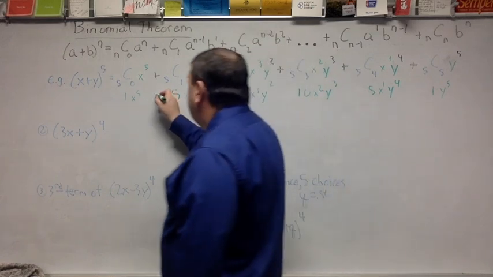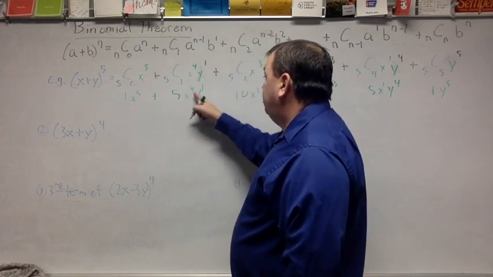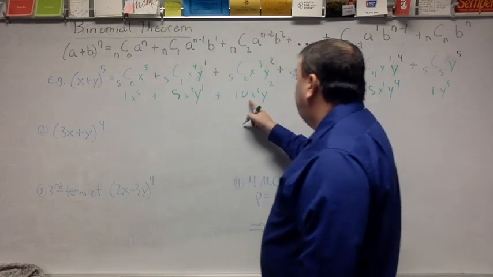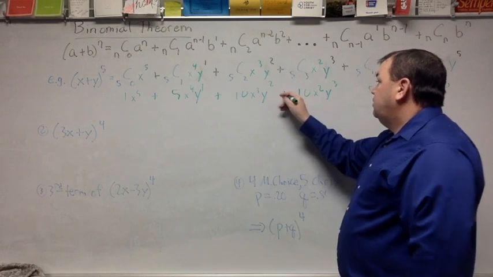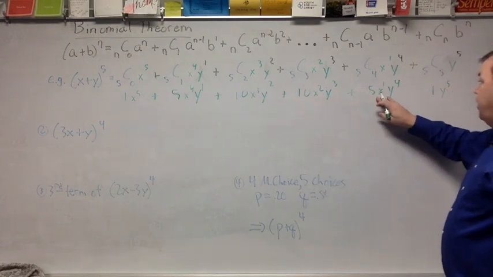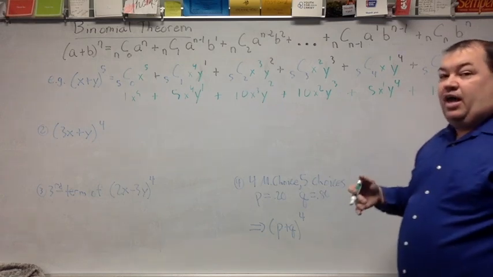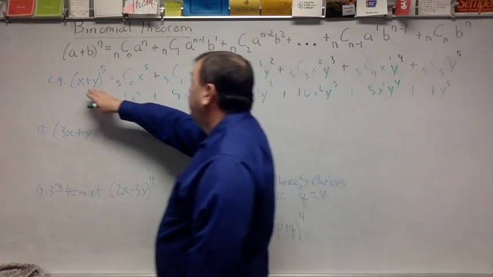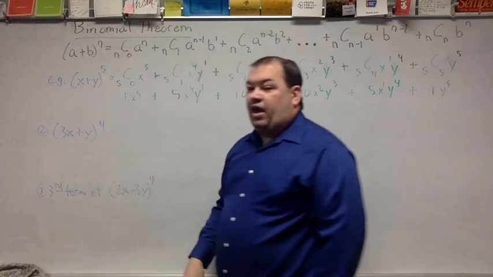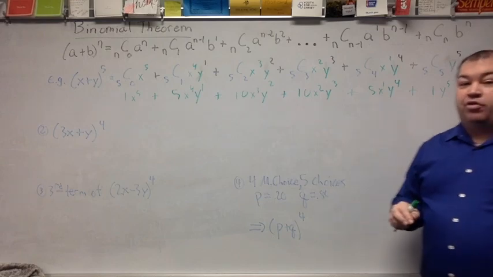So if I put all this together, 1x to the 5th plus 5x to the 4th y plus 10x cubed y squared plus 10x squared y cubed plus 5x y to the 4th plus y to the 5th, I have expanded this binomial without having to use much algebra. I instead use the binomial theorem.